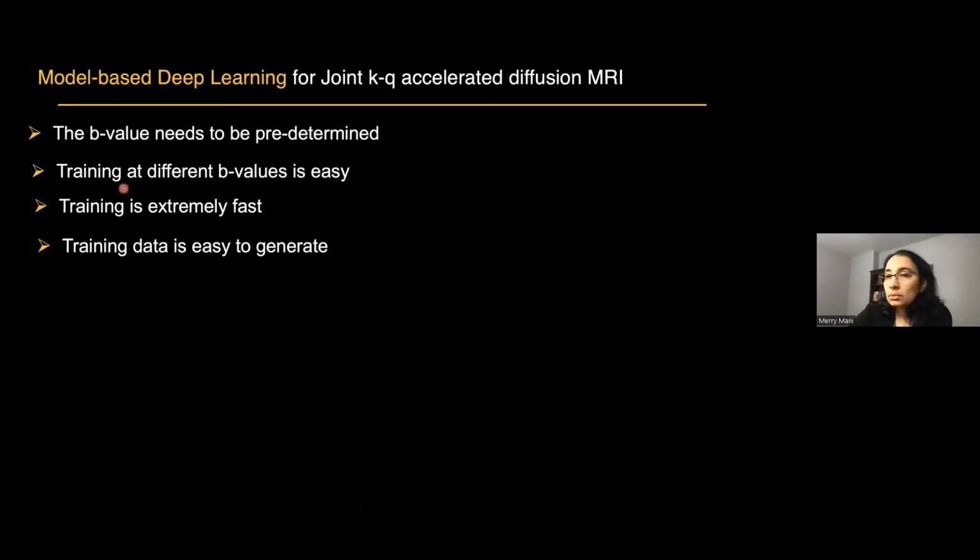But if you want to reconstruct arbitrary diffusion data from different b-values, then it's very easy to train the neural network for a different b-value, because the training process is very fast. It usually takes 1 hour max to train this kind of neural network, and generating the training data is very easy. So there is no reason why you cannot retrain it for any number of b-values that you want.